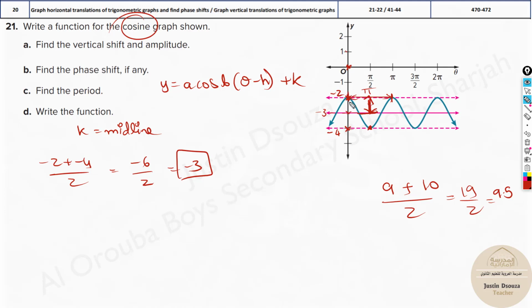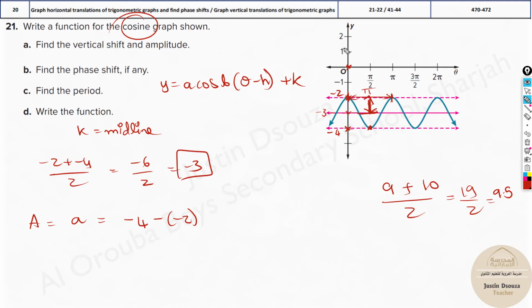For amplitude, that's given by A. Let's take the minimum most point, that is -4, and subtract -2 from it. Whatever the values are, it is the maximum most point minus the minimum point. So here, because it's downwards, -4, subtract -2 from it.